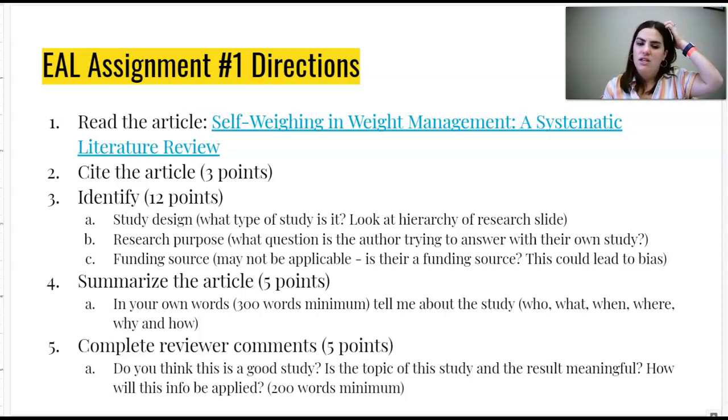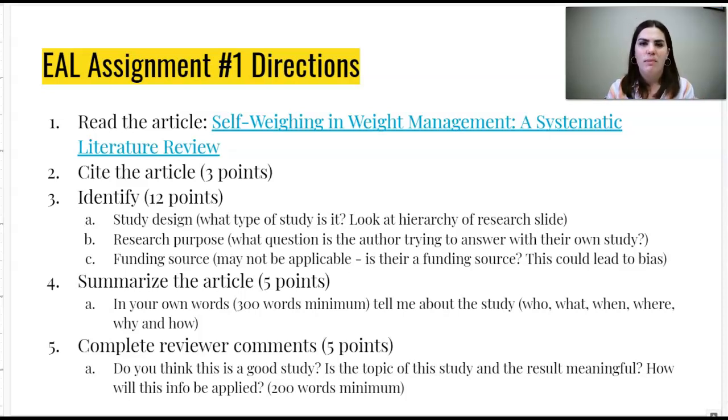And then lastly, you are going to complete the reviewer comment section. So you're going to tell me your own opinions, okay? So you're going to read the article, you're going to write that summary, and then you're going to reflect on that and think about the evidence that's provided. So do you think it's a good study? Is the topic of the study meaningful, and what do the results say about what we need to do?